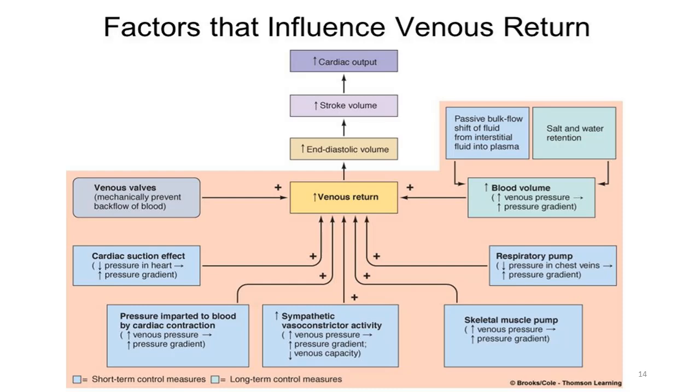And finally, increasing blood volume will increase venous return and pressure gradient by, for example, salt and water retention or passive backflow shift of fluid from interstitial fluid into the plasma. All of these factors help increase venous return. So finally, end diastolic volume will increase, stroke volume will increase too, and at last the cardiac output will increase. So you can see the effect of each of these factors on cardiac output.